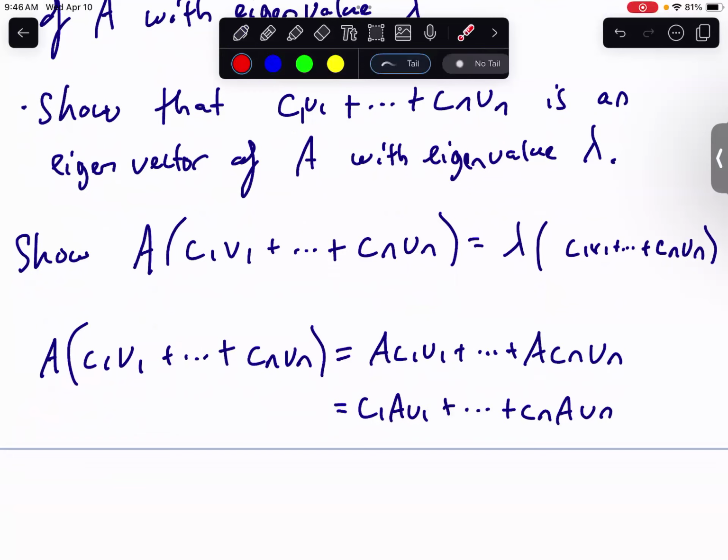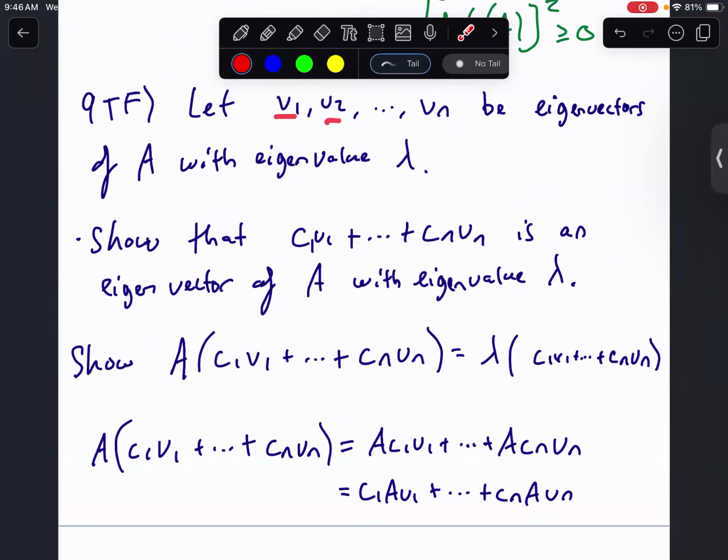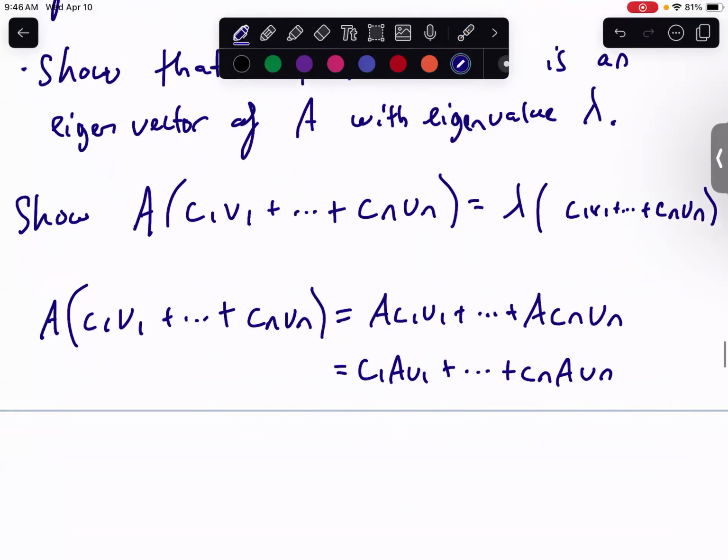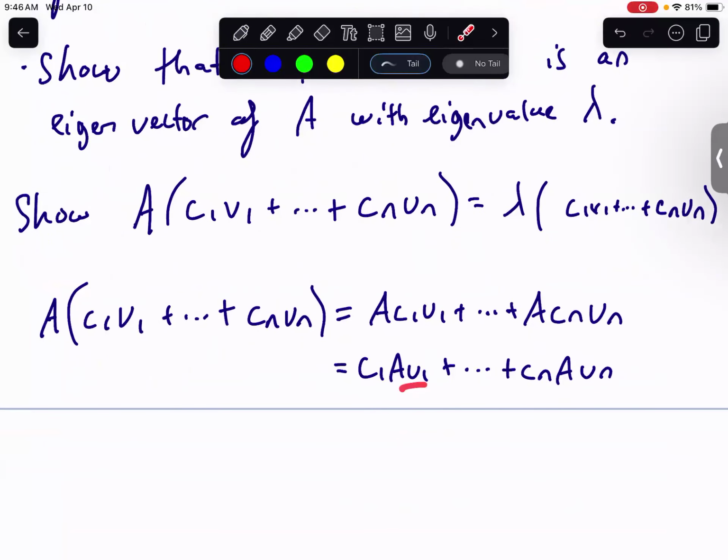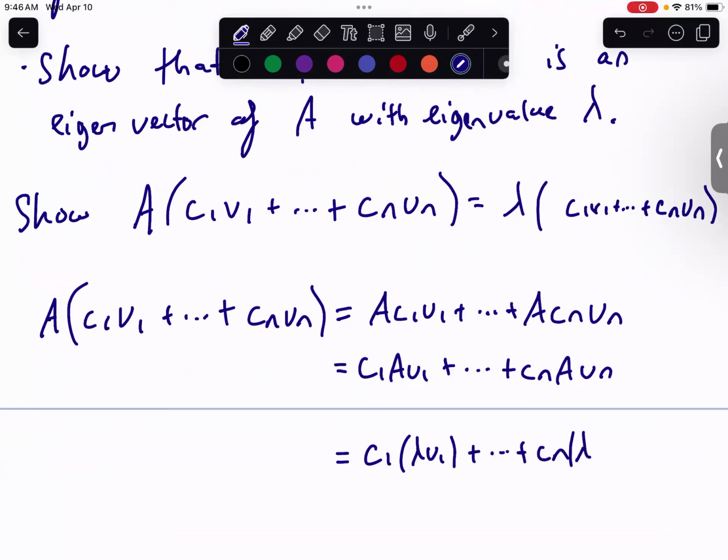And then we know that each of these Vi's are eigenvectors of A with eigenvalue lambda. So you can rewrite each of these multiplications as lambda multiplied by Vi. So this is really equal to C1 times lambda V1 all the way up to Cn lambda times Vn.